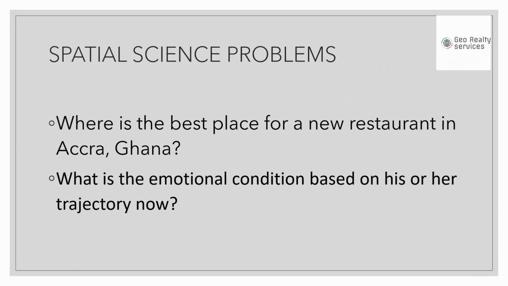Spatial data science problems could be simply defined as problems associated with where, for either the input data or output results, or both. Examples are: where is the best place for a new restaurant in Accra, Ghana? What is the emotional condition of a person based on his or her trajectory now?